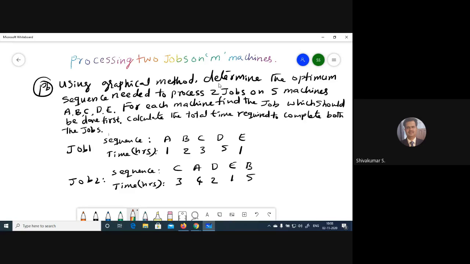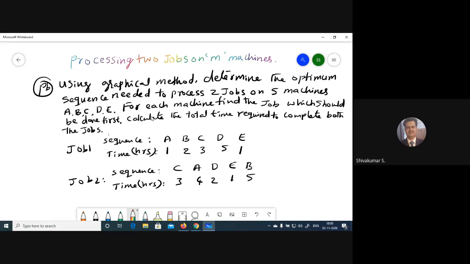Using the graphical method, determine the optimum sequence needed to process two jobs on five machines A, B, C, D, and E. So you have five machines A, B, C, D, E, and only two jobs.